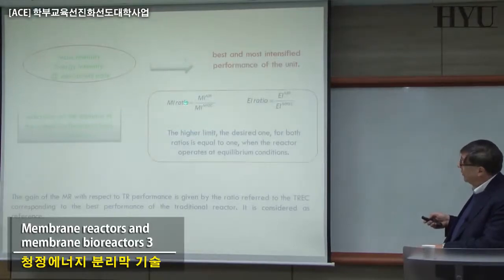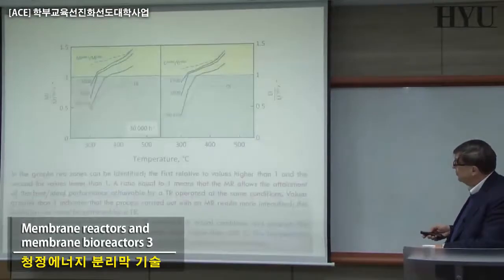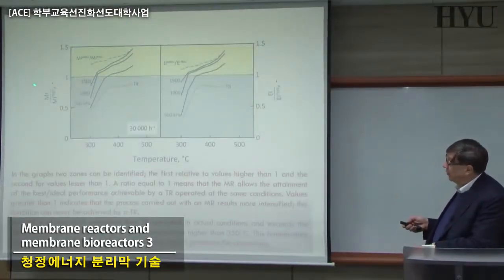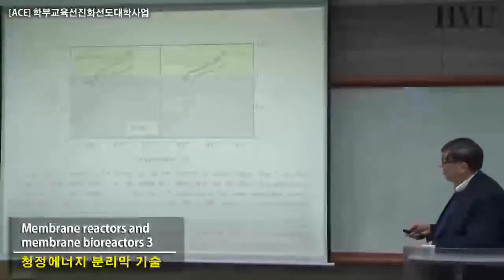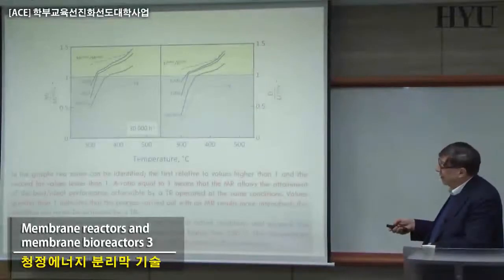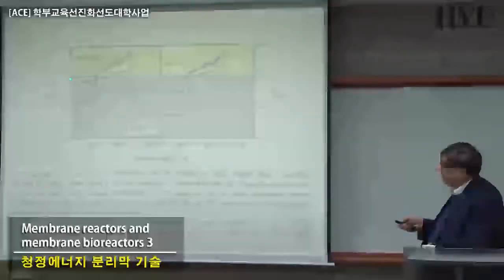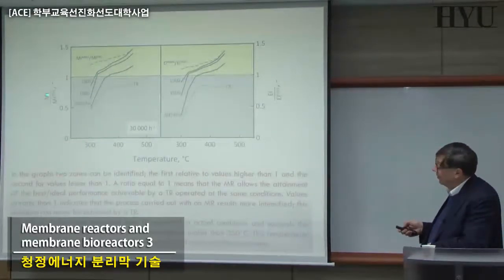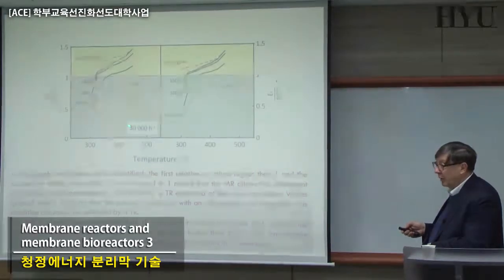So remember that this ratio is nothing more than the mass intensity or energy intensity in the membrane system compared to the traditional one. And this is a typical example where you are plotting the ratio and not the single units. So we have a term of reference, where everything is equal to 1, and we have situations in which this ratio is higher than 1 or lower than 1.